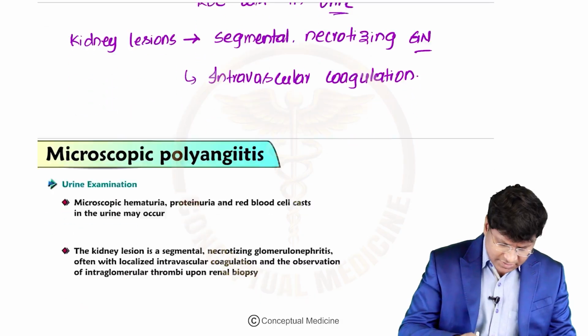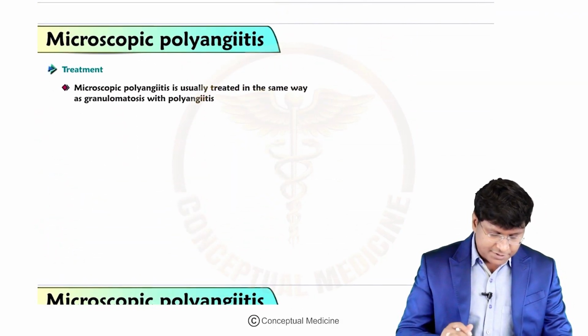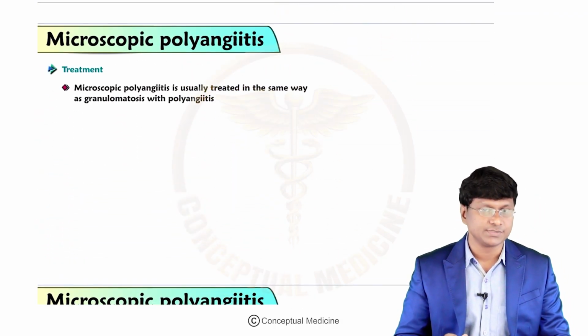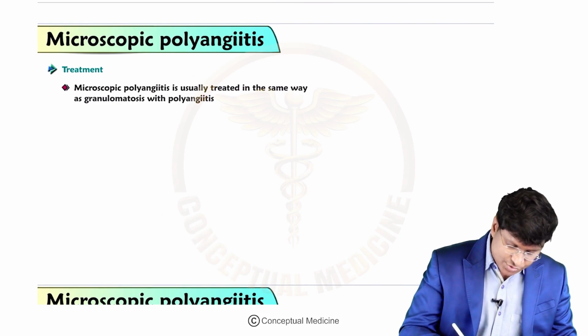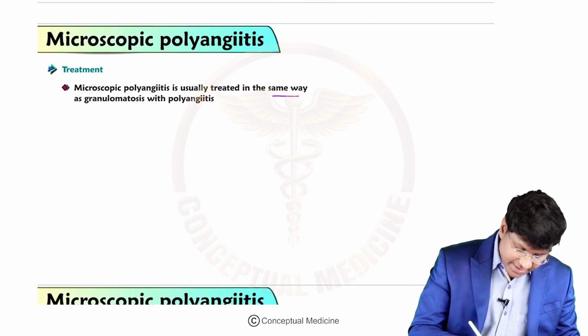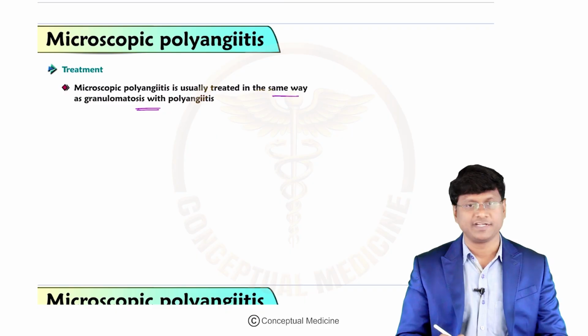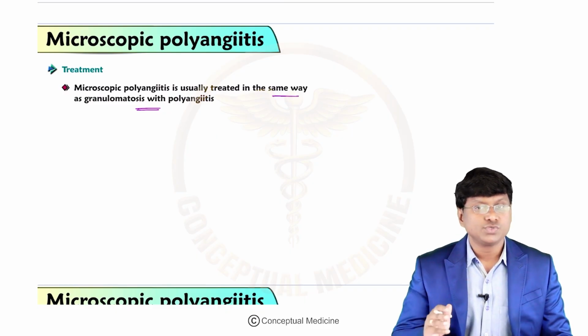Then how do you treat patients with microscopic polyangiitis? Microscopic polyangiitis is usually treated in the same way as granulomatosis with polyangiitis, that is Wegener's.